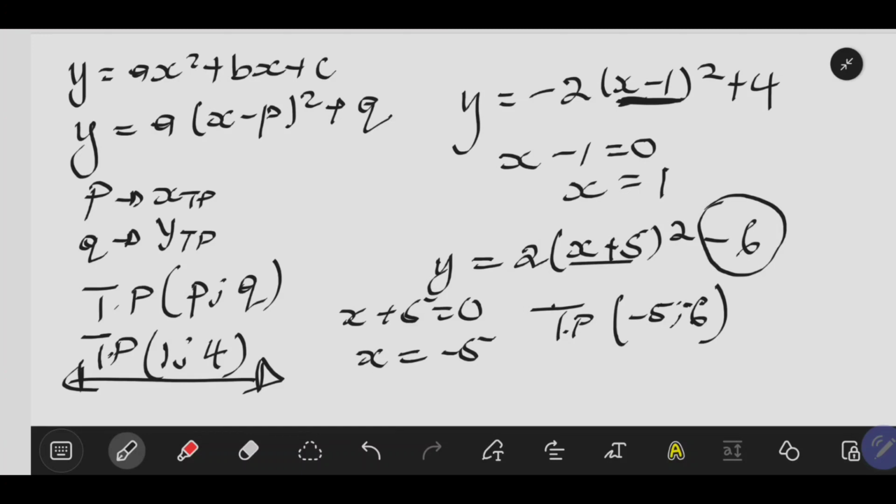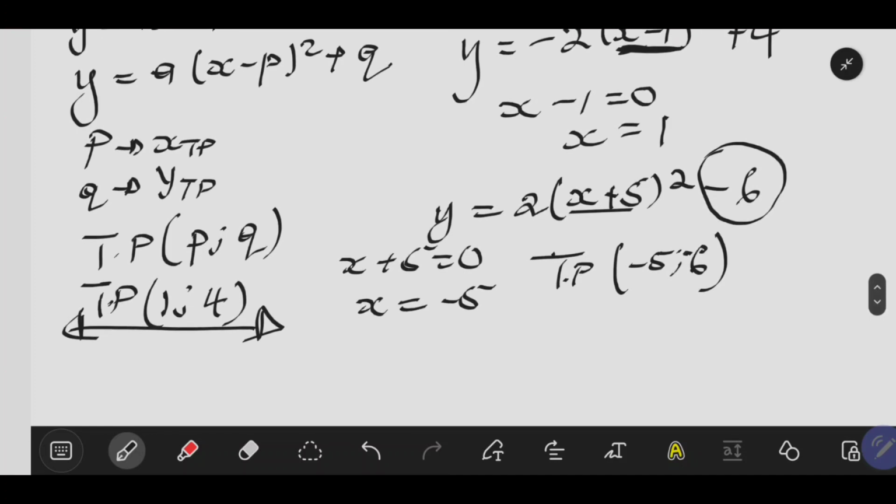So without wasting time, let's check an example on how we can apply this formula. All right. In most cases, if you are given the graph and it requires you to find the equation of the graph of that parabola, you are given a graph with some points there, and then you are required to find the equation of the graph. In most cases, for you to apply this formula here, you'll be given a graph whereby you are given the turning point coordinates.